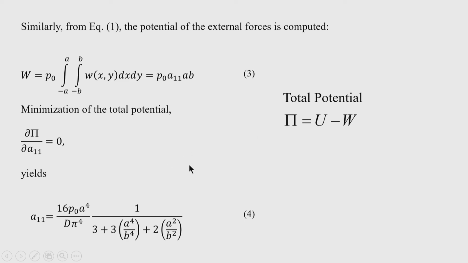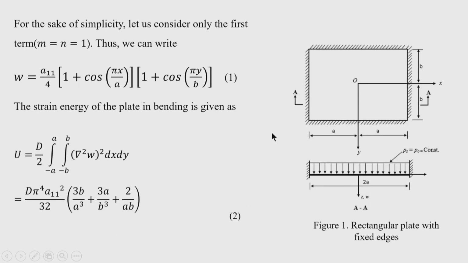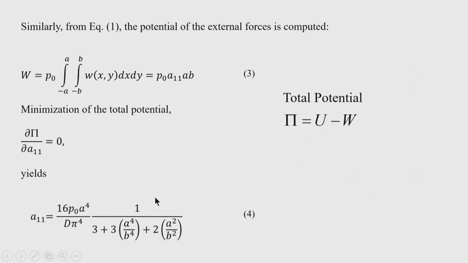So, the total potential pi will contain the previous term, D pi to the power 4 A11 square divided by 32 into bracket 3 b by a cube plus 3 a by b cube plus 2 by a b, minus P naught A11 a b. That term will be used to compose the total potential, capital Pi.